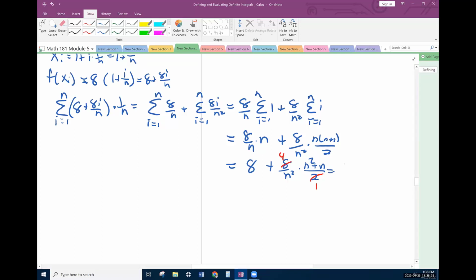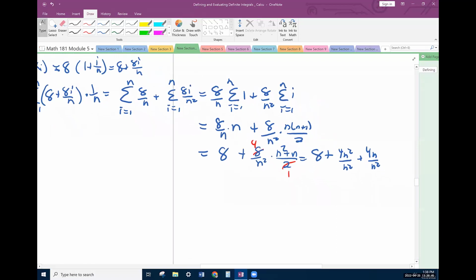So we would have 8 plus 4n squared over n squared plus 4n over n squared. 8 plus 4 plus 4 over n. And our last, oh, I guess we can, what is 8 plus 4? Anyone know that? 12, good.